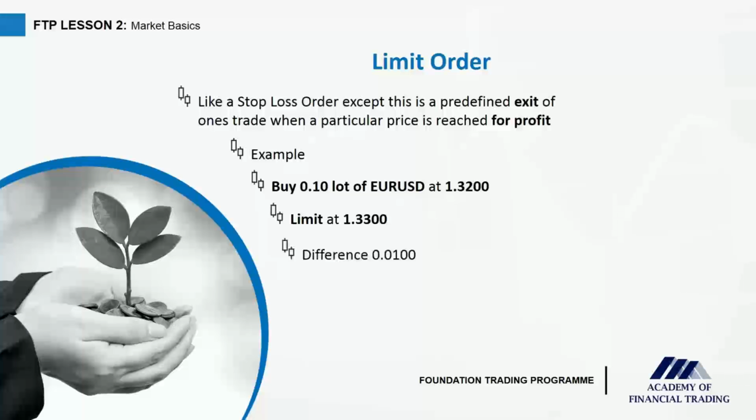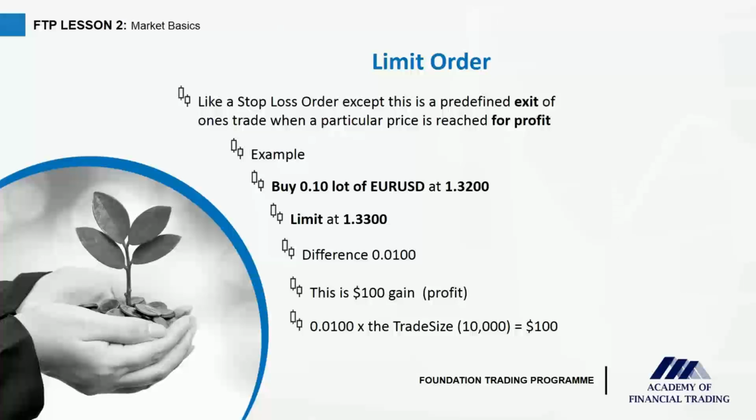I want to realize my profit. So you can place your limit order at any level that you wish. In this instance, we have a trade size of 10,000. We've placed it 100 pips above our entry.